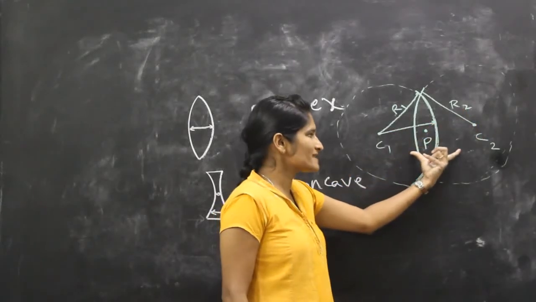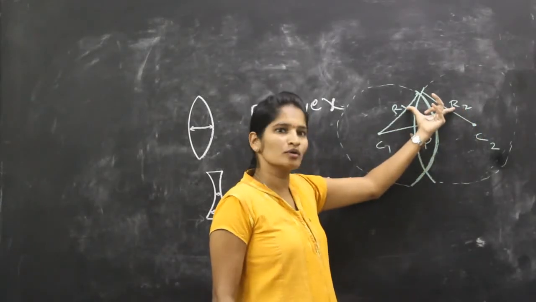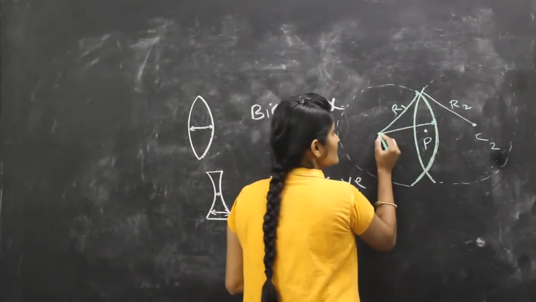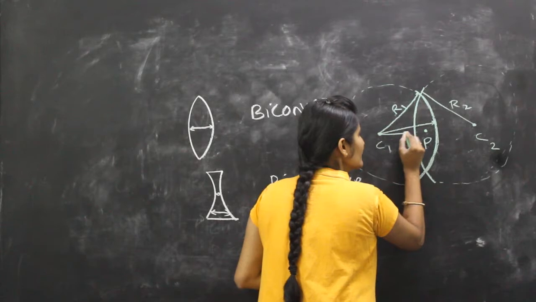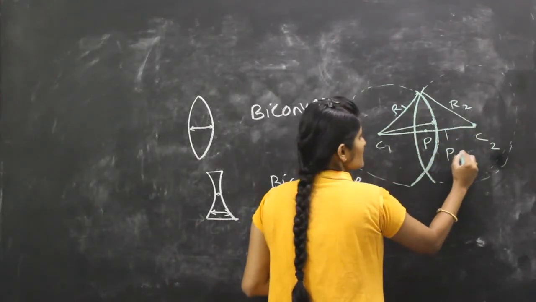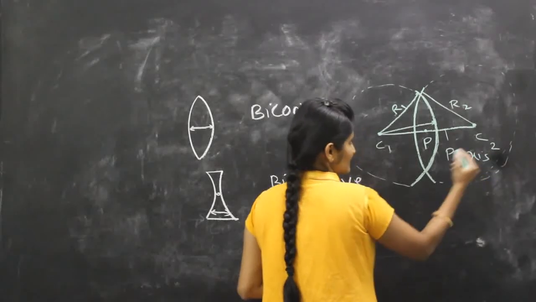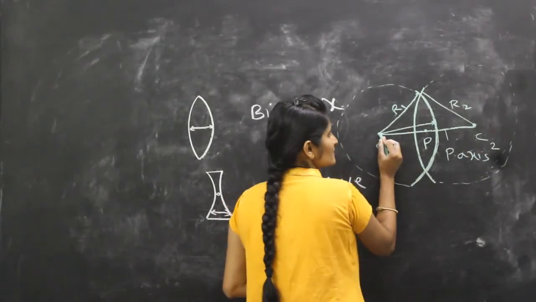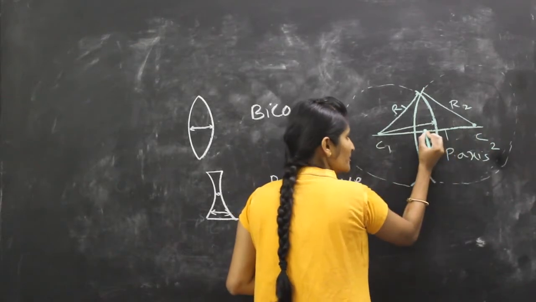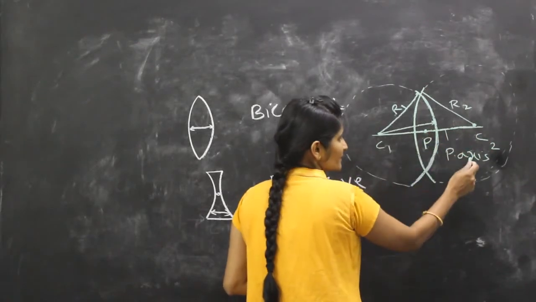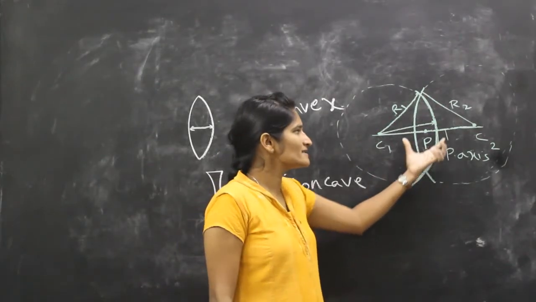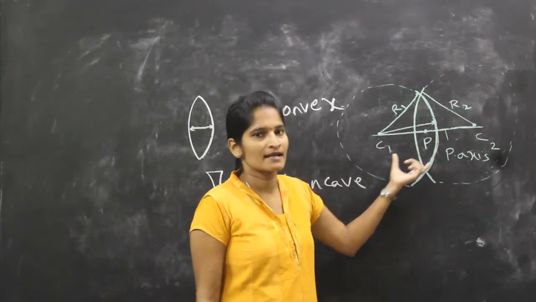As we have two centers, we also have two radii of curvature, and the line joining the centers C1 and C2 passing through the pole is called the principal axis. Clear everyone? That means the line passing through both the centers and through the pole is called the principal axis. These are the terminologies we use for lenses.